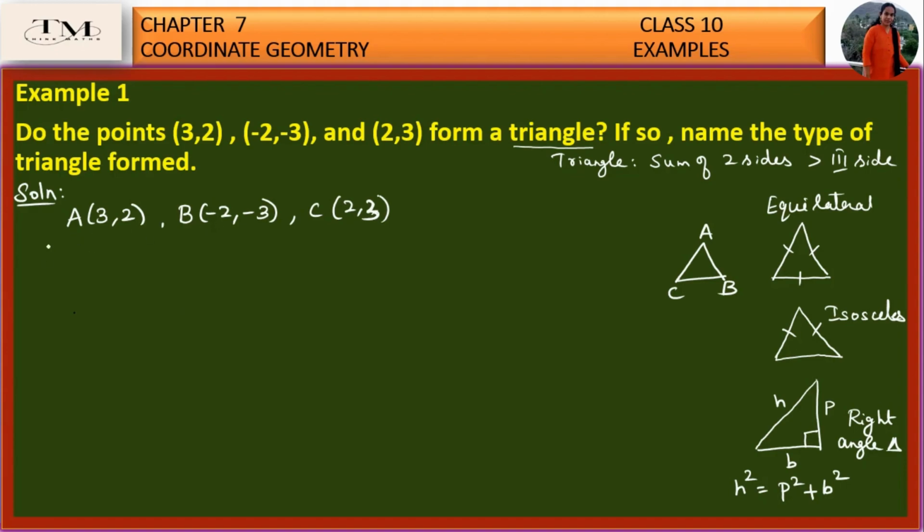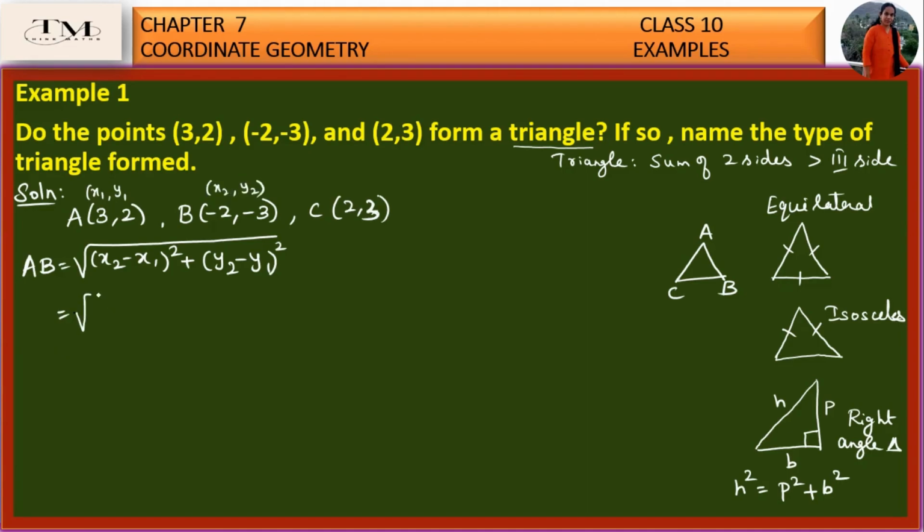First, let us check AB. The distance formula is the square root of (x2 minus x1) whole square plus (y2 minus y1) whole square. Here this is x1, y1 and this is x2, y2.